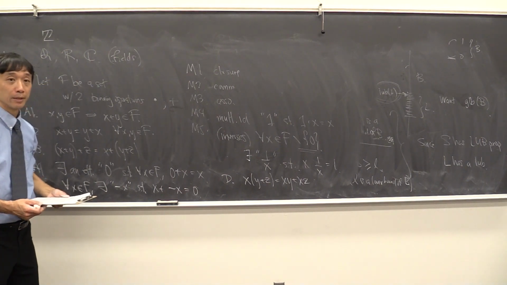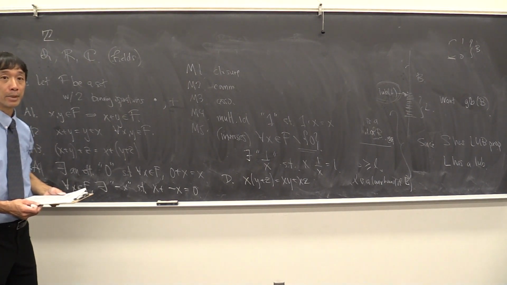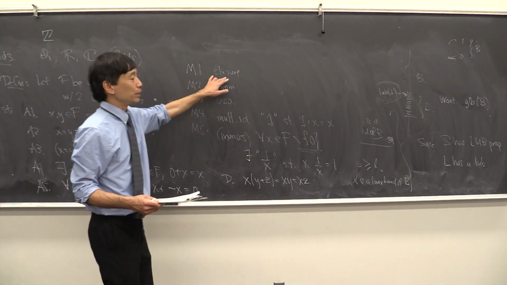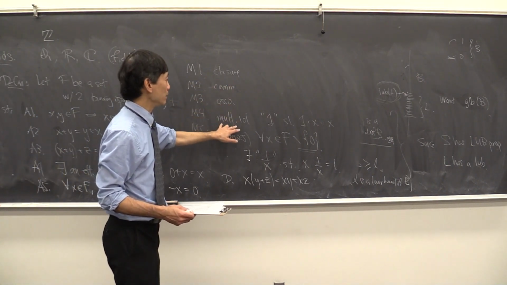Which axiom do the integers break? I'm trying to think about it. So let's see. Closure under addition, okay. Commutativity, okay. Associativity, okay. There's a 0, additive identity, okay. There are negative numbers, additive inverses, okay. Multiplication: closed, yes. Commutativity, yes.